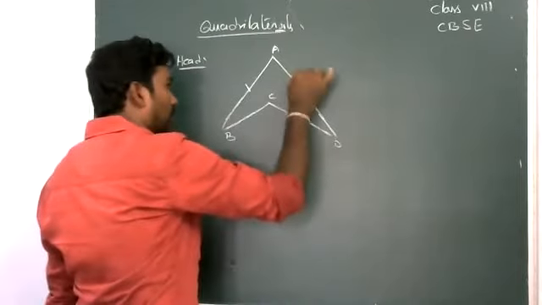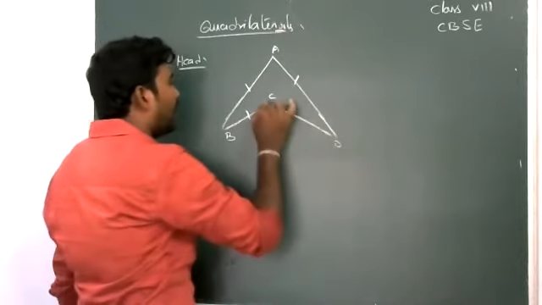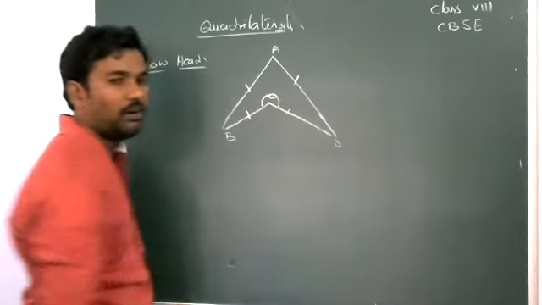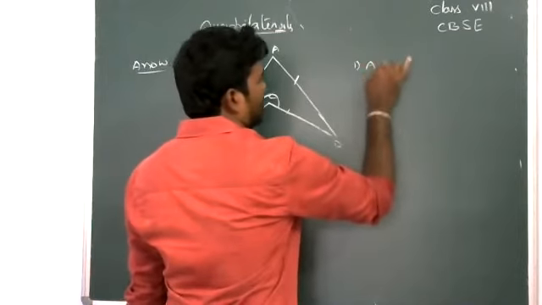Now here also adjacent sides are equal and one of the angles is more than 180 degrees. One of the angles is a reflex angle. So here you can write: adjacent sides are equal.